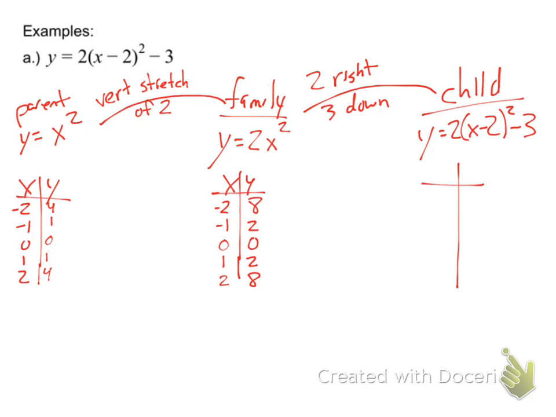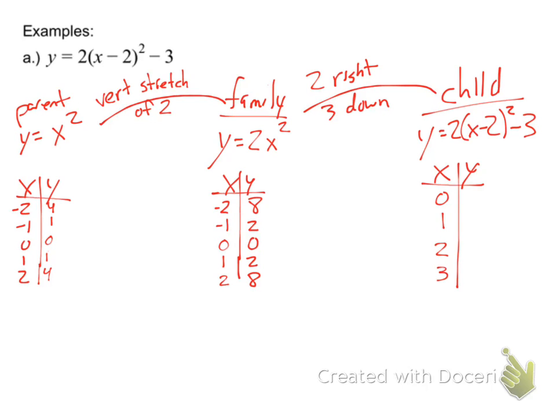I base this off of the family that if I go 2 to the right, all of my x values in this graph will all be moved to the right 2, which means I take them all and do what? Add 2. What's negative 2 plus 2? Negative 1 plus 2. 0 plus 2.